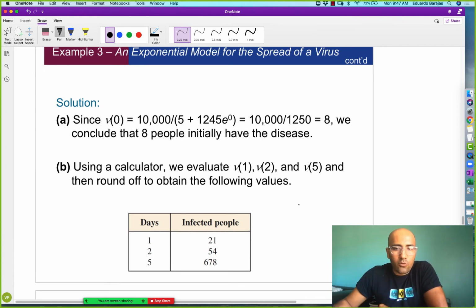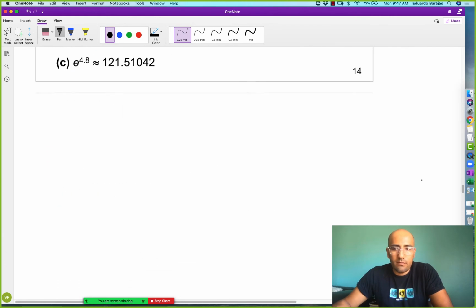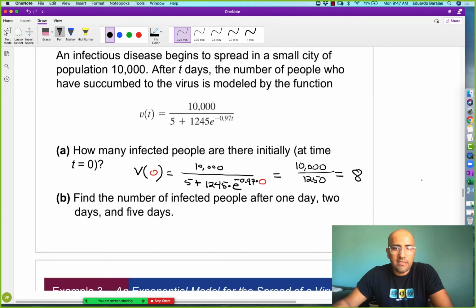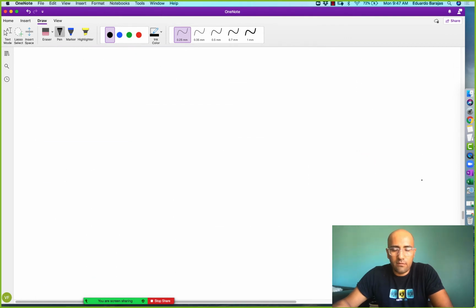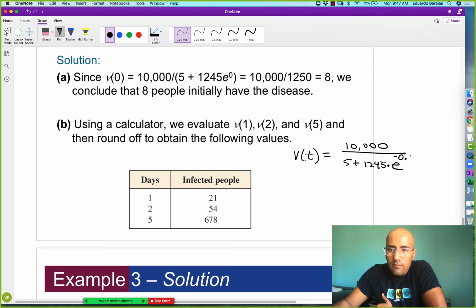And remember, the formula for this whole thing was V of t equals 10,000 divided by 5 plus 1245 times e to the power of negative 0.97 t.